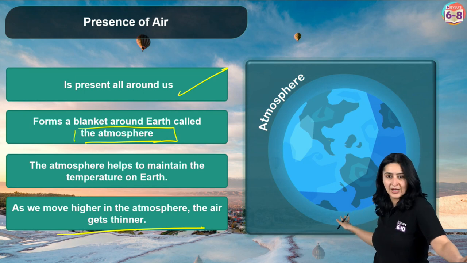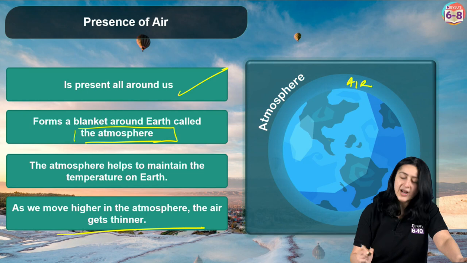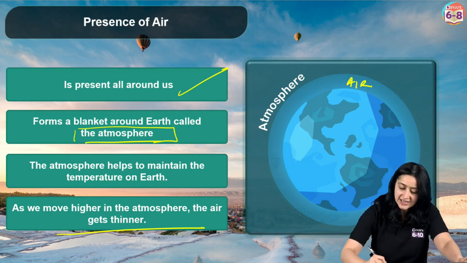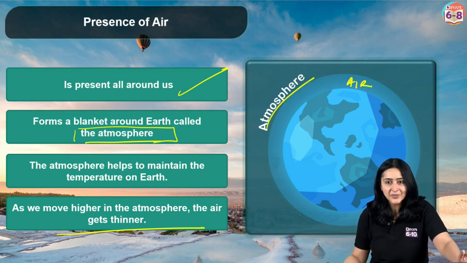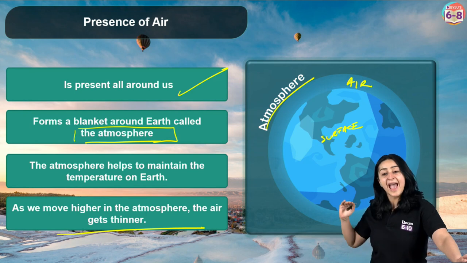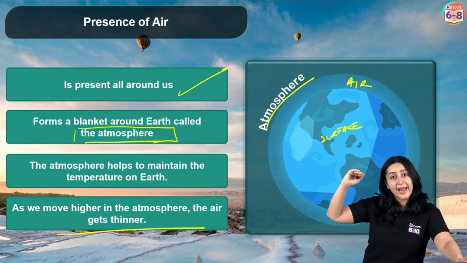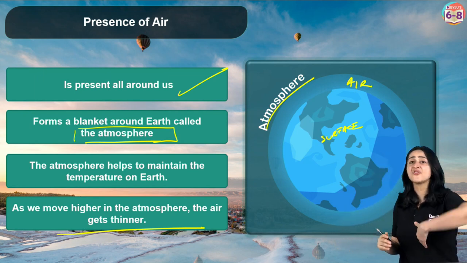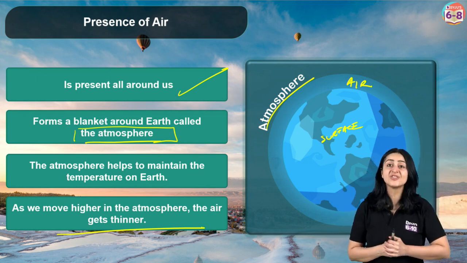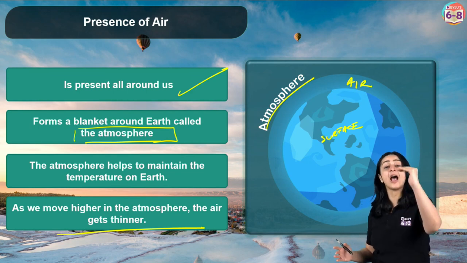This is our planet over here, right? Now we've got this layer of air all around us. This layer of air all around us is what we know as the atmosphere, right? Now we are on the surface of the planet. As you start going up into the sky, or let's say you start climbing a really high mountain, you go for a trek to Mount Everest, for example, you're moving up.